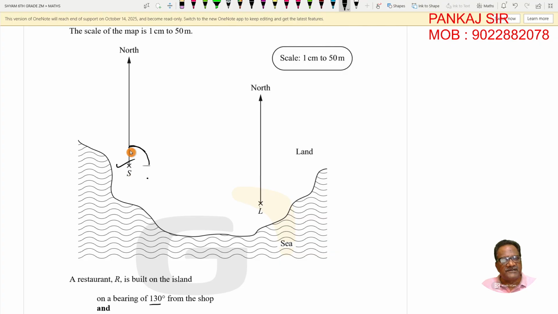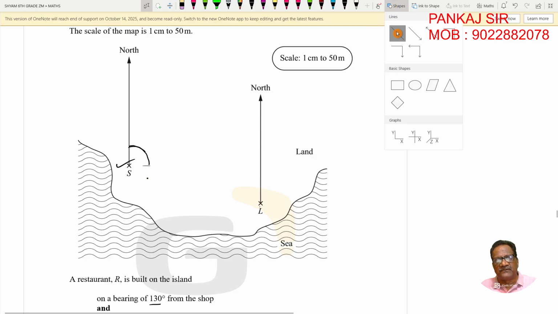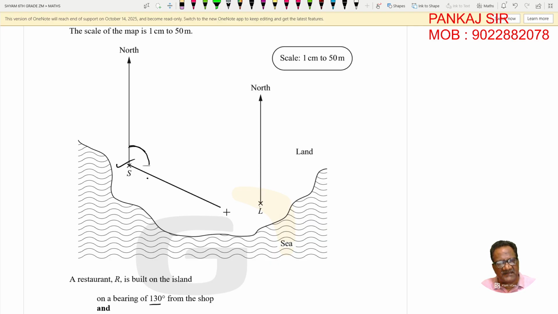At this point, you have to draw a straight line starting from S. I will do that for you. From this point S, the line should pass through this point, 130 degrees. Can you see that?